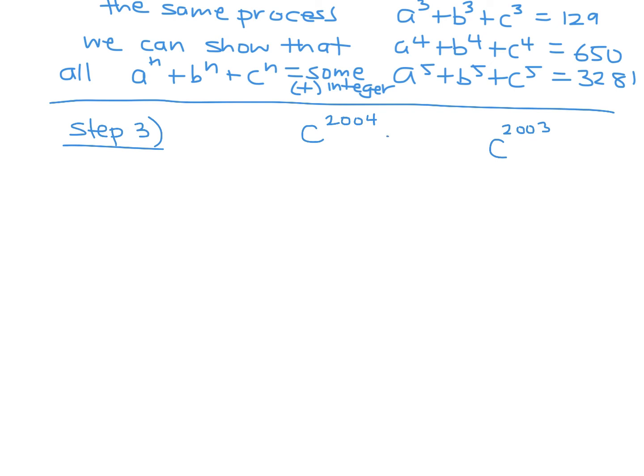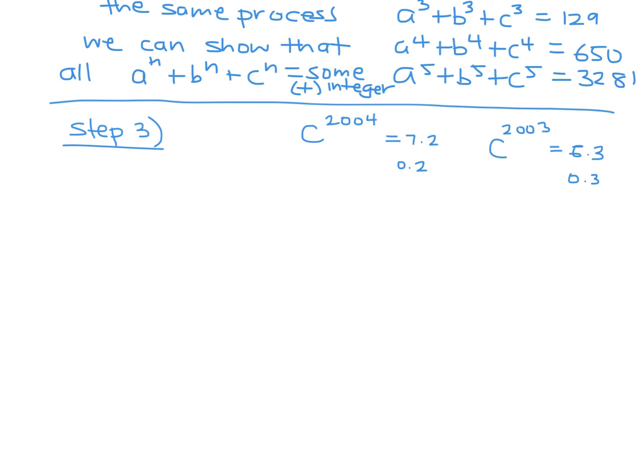So for example, if this was 7.2 and this is say 6.3, 7.2 is 0.2 away from its closest integer. 6.3 is 0.3 away from its closest integer. So c to the power of 2004 is closer to its closest integer than c to the power of 2003 is to its closest integer. Okay, so how do we do that?